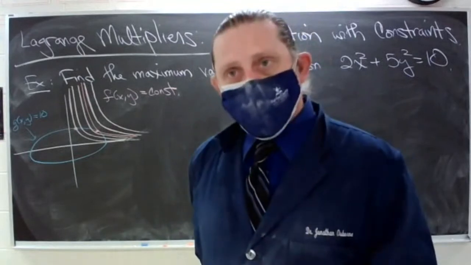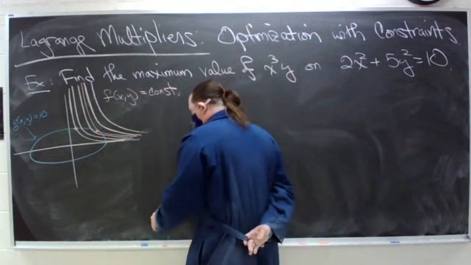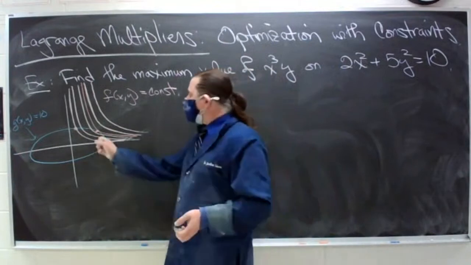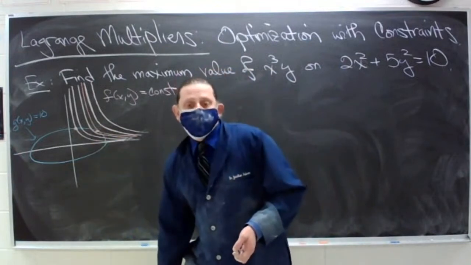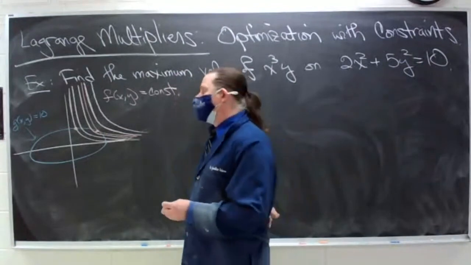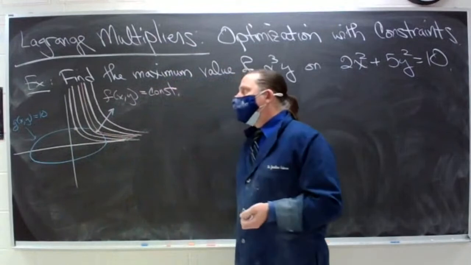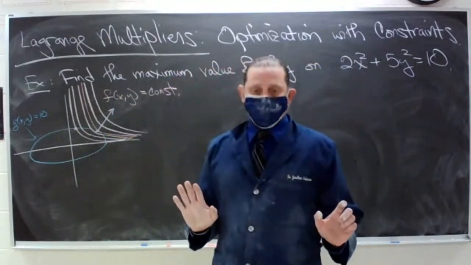Now, if you remember from multivariable calculus, the thing that characterizes the tangent lines to level curves is the gradient. So we need the gradient of these two functions to be parallel.